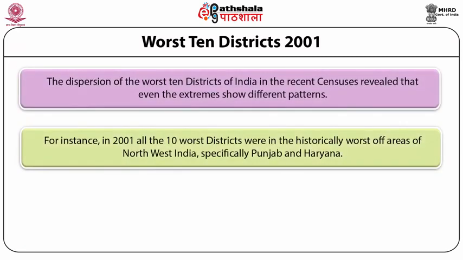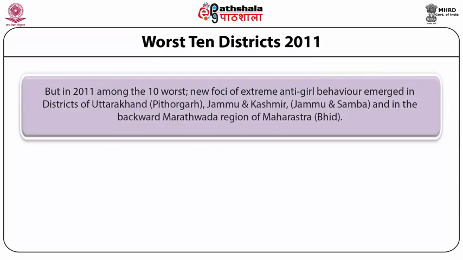One of the ways to look at how regional differences are changing is to look at the worst 10. The worst 10 in 2001 were in the traditional area of Northwest India, with its fierce patriarchy. Most of the 10 districts were in that region. Now 2011 will show you an entirely different regional pattern of the 10 worst districts.